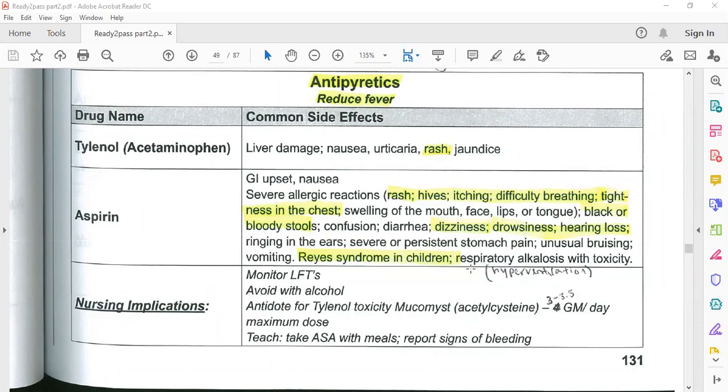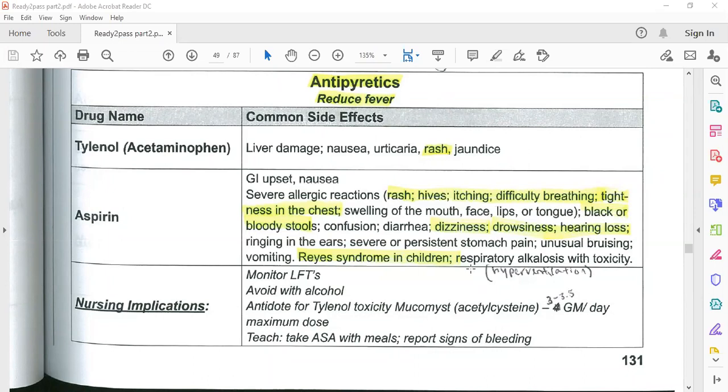What are the key points we have to know for aspirin or acetaminophen? Nursing intervention: we have to monitor the liver function test, because acetaminophen can cause liver damage. So we have to monitor the liver function.